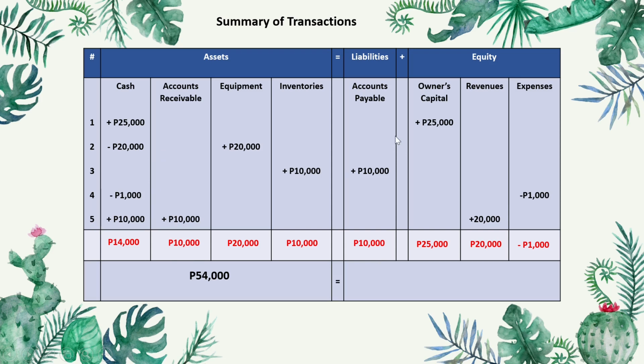And liabilities and equity, we have 10,000 pesos plus 25,000 pesos plus 20,000 pesos minus 1,000 pesos is equal to 54,000 pesos. So, balance ang asset niya, liabilities, and equity sa summary of transaction niya. Assets is 54,000 pesos, liabilities and equity is also 54,000 pesos.